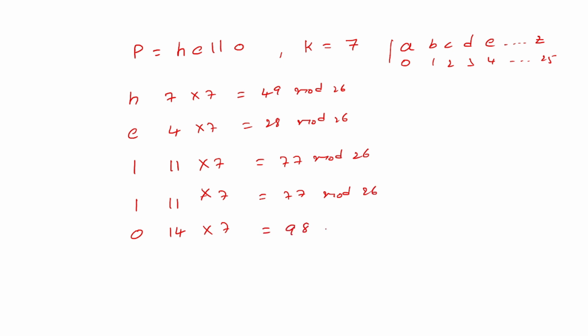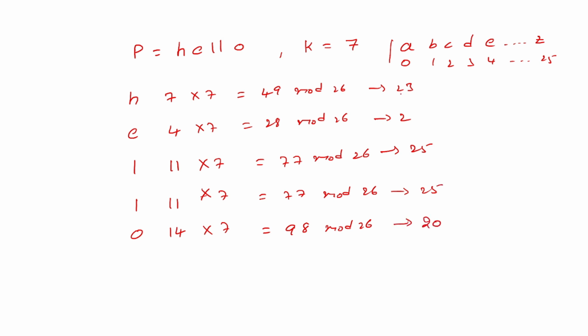98 mod 26. So 49 mod 26 gives 23, this value is 2, this value is 25, this value is 25, and this value is 20.